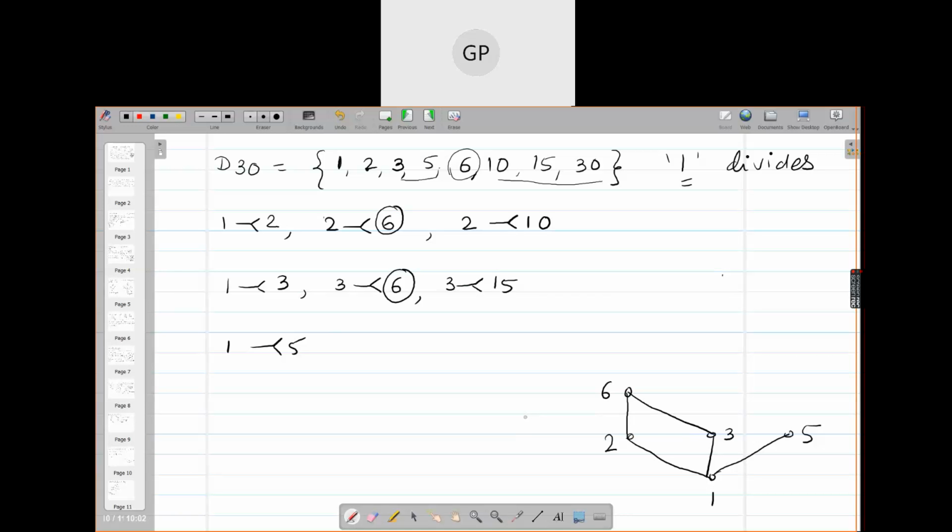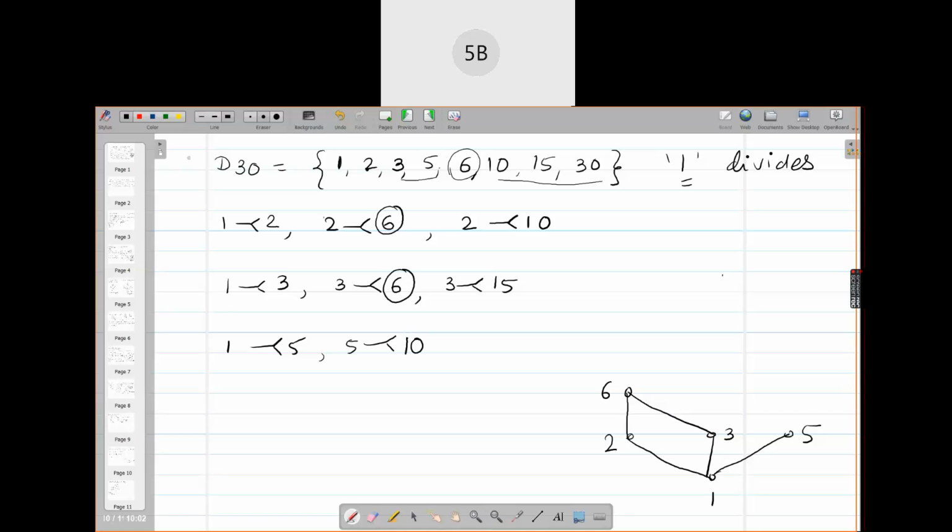Yes, ma'am. Now let us find for 5. 1 is covered by 5. 5 is covered by what? 10, correct.